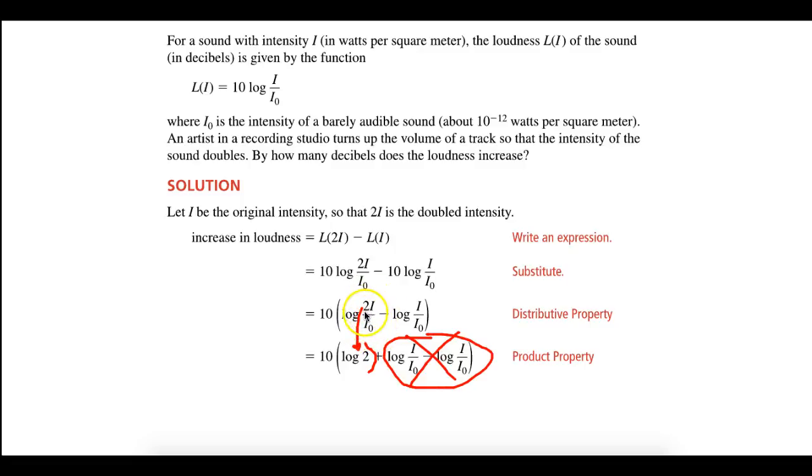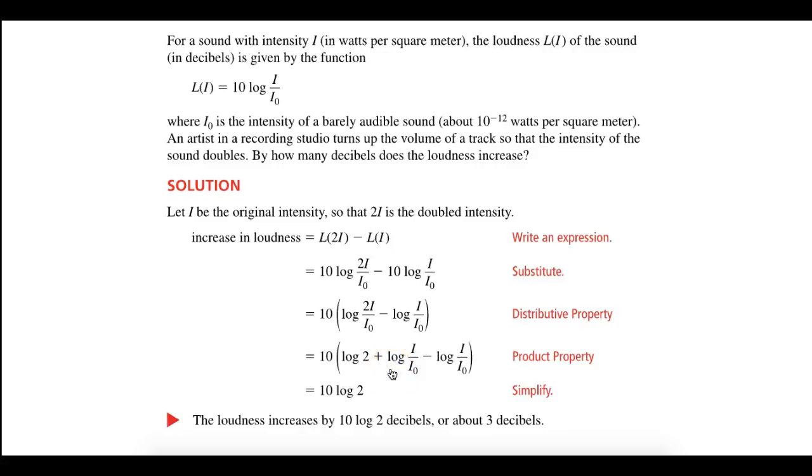We just used our product property to split that up. So when we simplify this, we just get 10 log 2. If you hit log 2 on your calculator and multiply by 10, it's equal to roughly 3 decibels. So that's how many decibels the loudness actually increased by doubling the intensity.